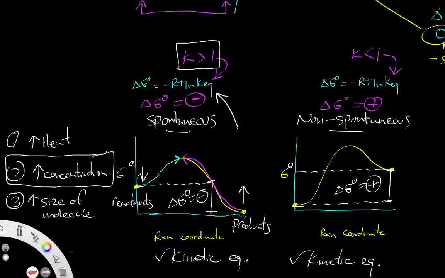That higher concentration helps climb this larger activation energy barrier. On the other side, we have less concentration, but that's okay because we have a smaller activation energy barrier to climb. As a result, the rates will actually be the same. The rate of the forward reaction will equal the rate of the reverse reaction, and therefore we have kinetic equilibrium. However, we do not have thermodynamic equilibrium unless delta G equals 0.